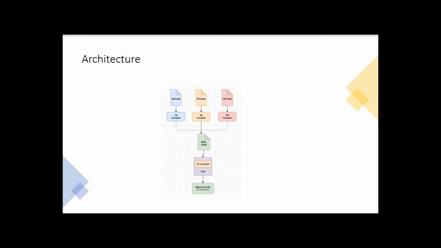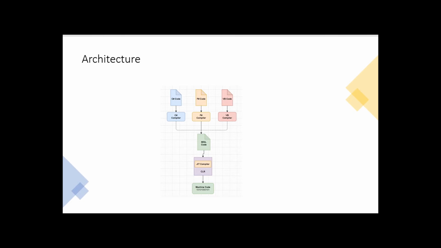So next we have the framework architecture. As you can see in the framework architecture, we have multiple components that work together to run an application. As we know, the .NET framework supports multiple languages like C#, F#, VB.NET and many more. Each language has its own compiler which converts the source code into Microsoft Intermediate Language, also known as Common Intermediate Language.